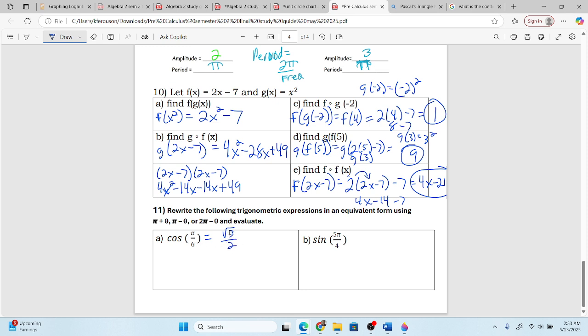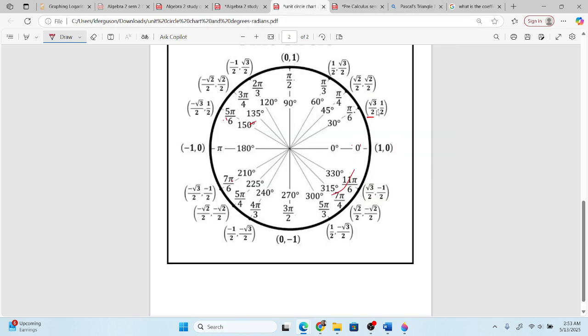What was good to note is that that is a positive value. So now I need to look around my unit circle to find where cosine is the positive square root of 3 over 2. Here? Nope. Here? Nope. There. See, cosine.